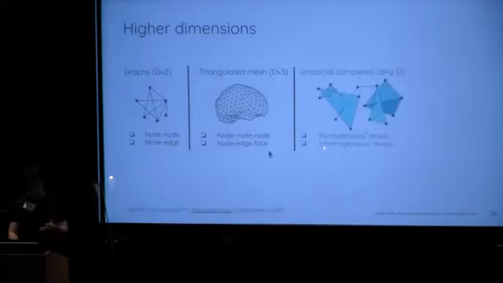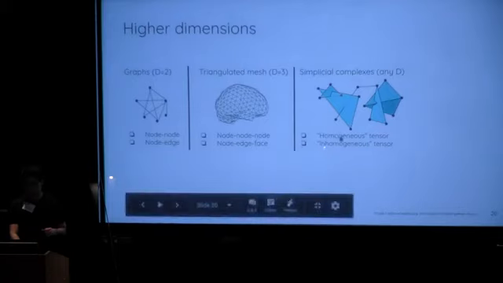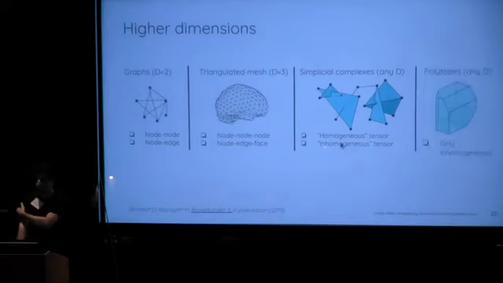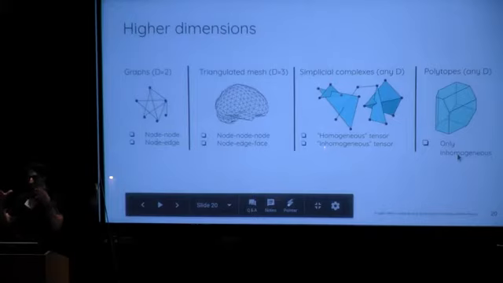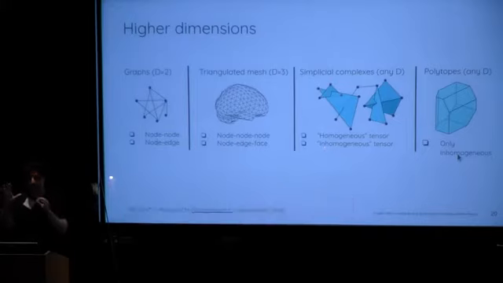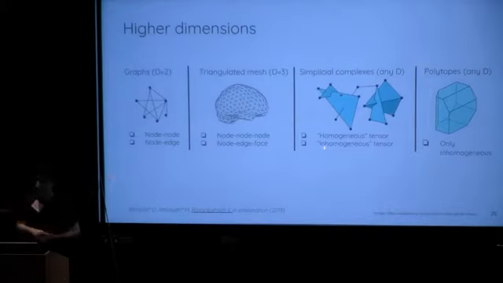For general simplicial complexes, we call the interactions between nodes the homogeneous tensor representation, and the ones between faces of different dimension the inhomogeneous representation. And then we have polytopes. You can represent them the same way, but this time only using inhomogeneous tensors. Basically, you build a tensor that shows how faces of different dimension are interacting with each other, and you can have attributes associated with the faces of different dimension.